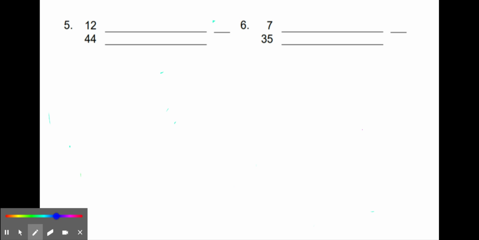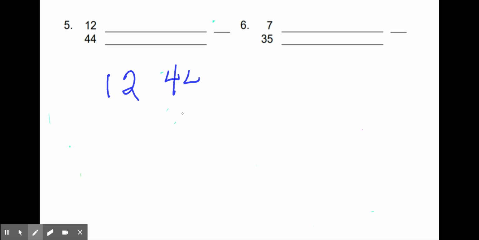Okay, so if you followed directions, you did this yourself first, and you should have 12 and 44. The greatest number that I can think of that goes into 12 and 44 right now is 2, because they're both even. So 12 divided by 2 is 6, and 44 divided by 2 is 22.